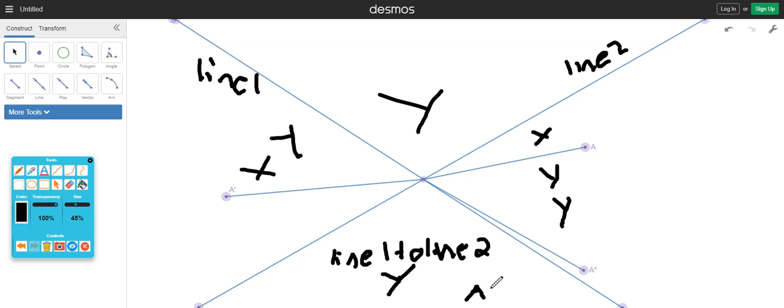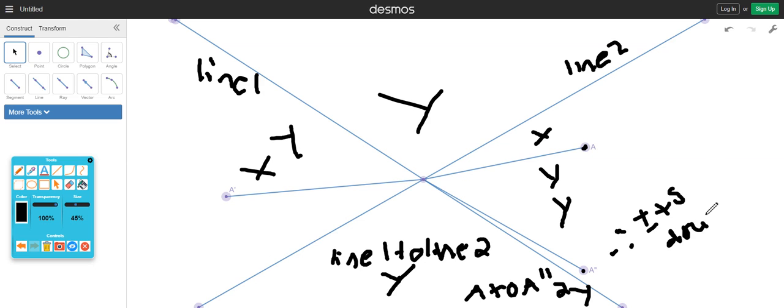And then A right here to A double prime is 2y. It is still double the distance. We can still say that. Therefore, that's what those dots mean. It's double the distance between line 1 and line 2 is A to A double prime. That's the whole point.